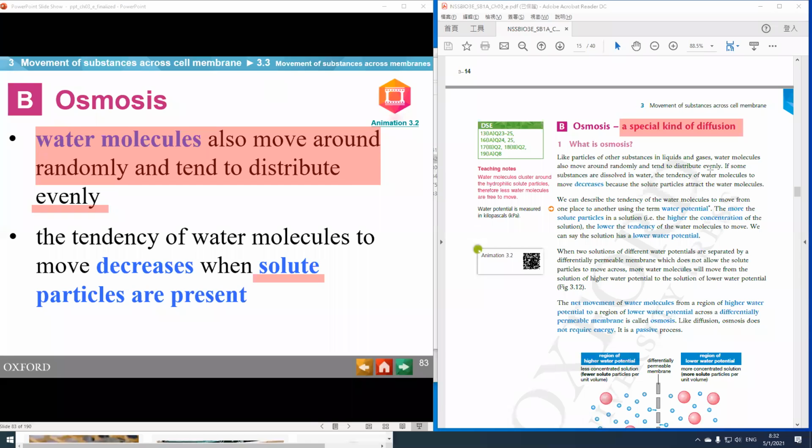Please copy solute particles. Give some footnote to it. Highlight solute and write down some notes. Something that dissolves in water. Solute is something that dissolves in water.